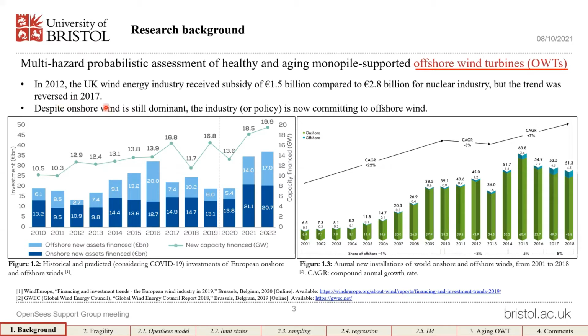On the other hand, the industry, or rather the policy, is now committing to offshore wind for very good reasons. From an engineering point of view, the technical benefits mainly include the fact that offshore wind turbines have access to more stable wind direction and wind speed, and also to larger installation spaces.